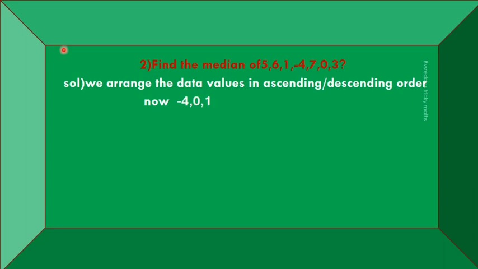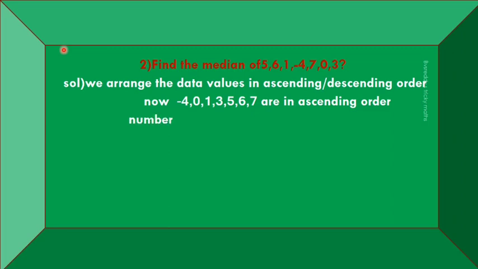So 7 values are given, and the first smallest one is -4, next one 0, then 1, 3, 5, 6, and 7. 7 is the last, biggest number given in the data. So write in ascending order.